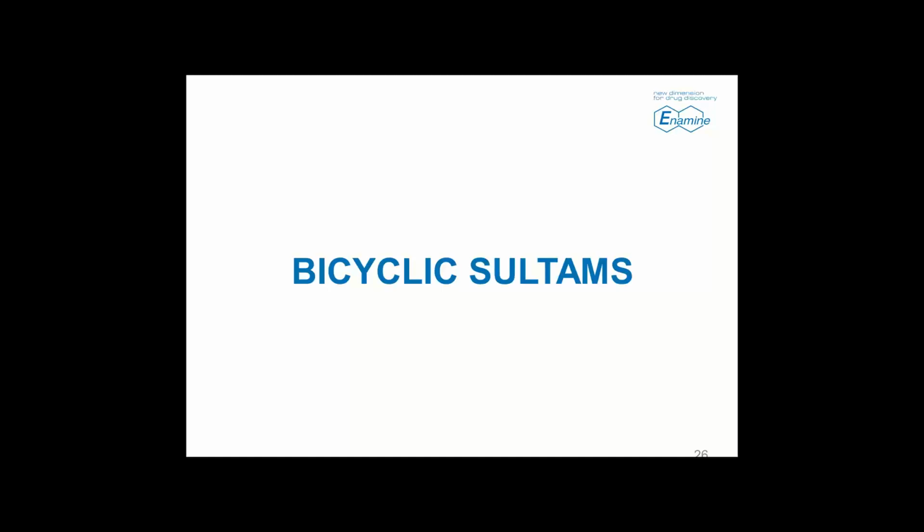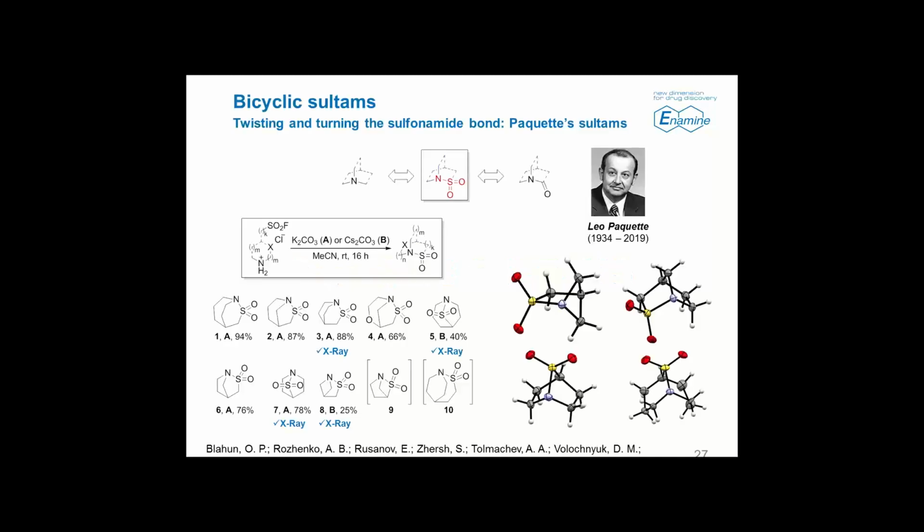We at Enamine do a lot of work on organosulfur chemistry, organosulfur building blocks, and of course sulfonamides are known in medicinal chemistry and in drug discovery for very many years, but some derivatives of aliphatic series, especially bicyclic, are quite unusual, and I shall start with bicyclic sultams with bridgehead nitrogen atom, which can be considered as analogs of well-known bicyclic amines, like quinuclidine, which is present in many natural compounds.